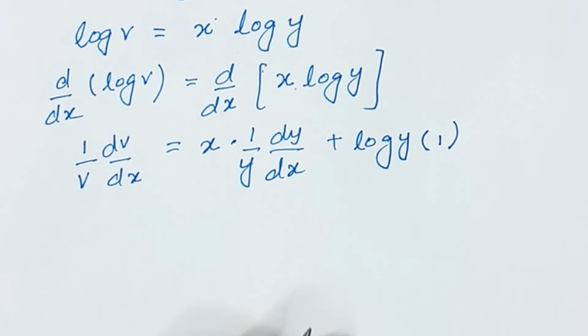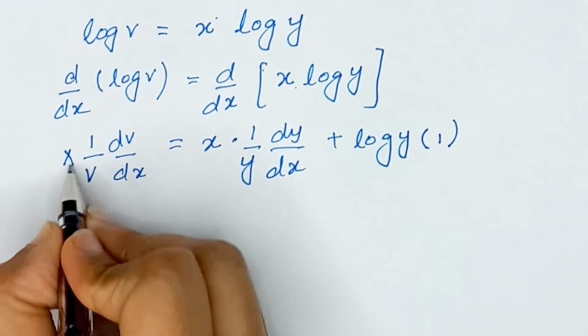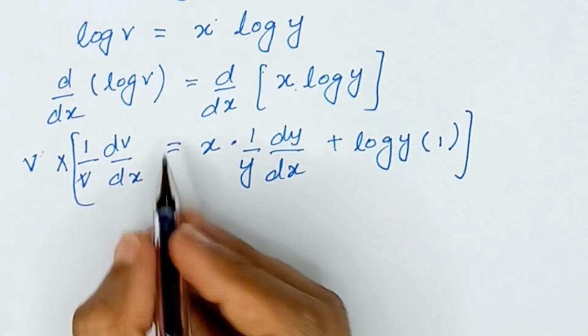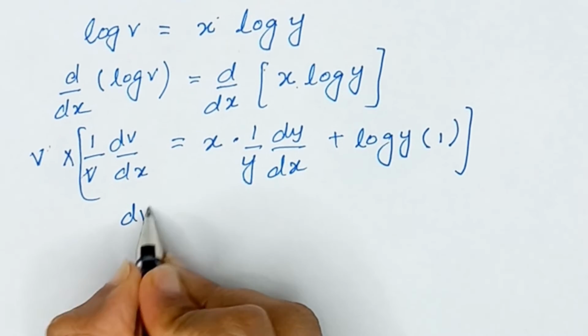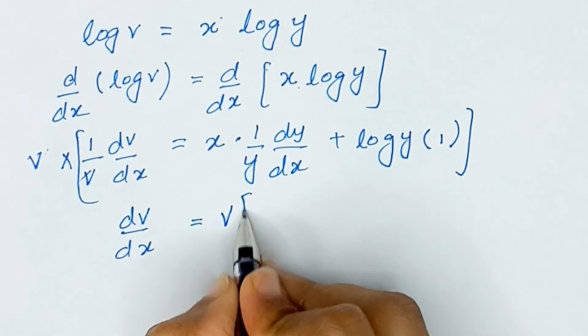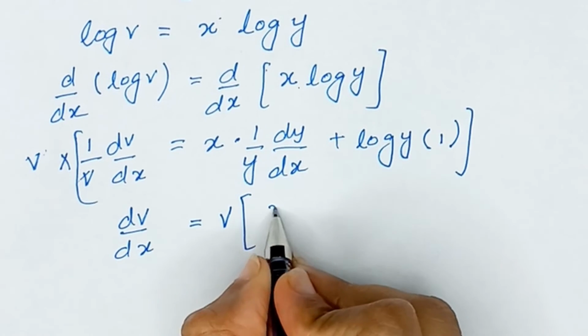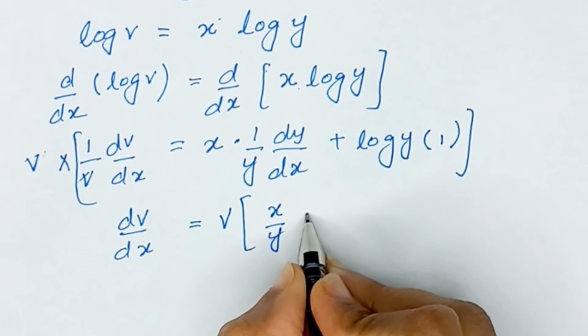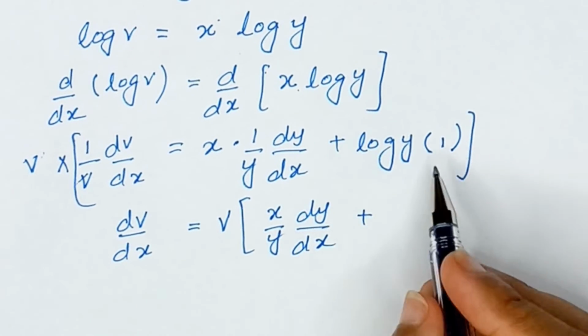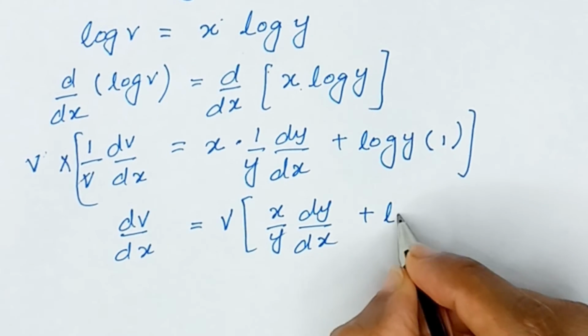Now we will multiply the whole equation with v. So it will cancel out. It will become dv divided by dx is equal to v times x divided by y dy by dx plus log of y.